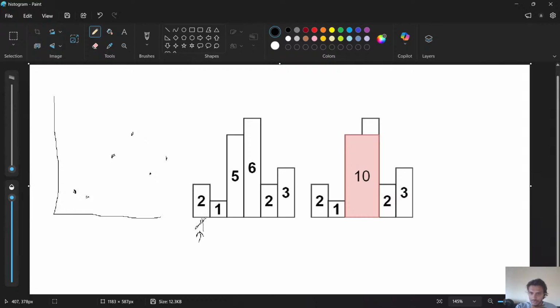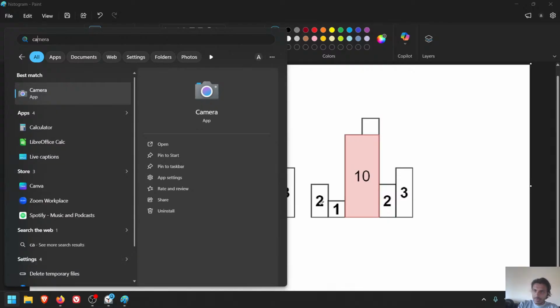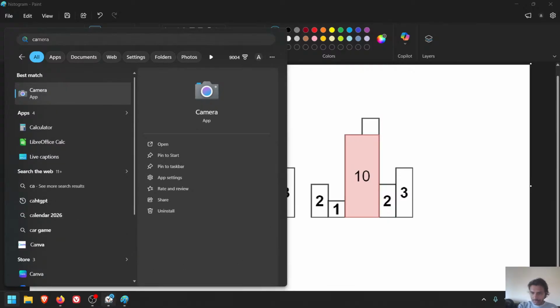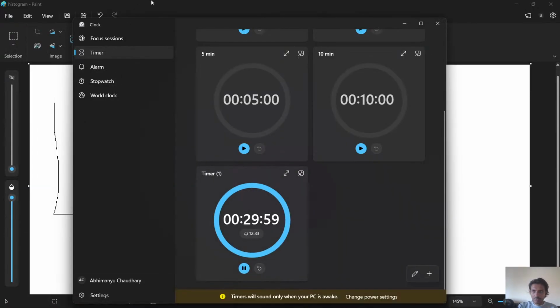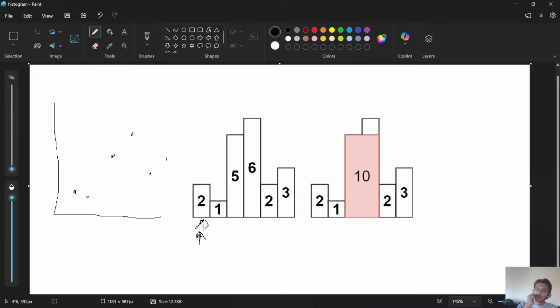Start from here. So it's 2 and it's 1. It's calculated and we have a result. For the result it will be 2, because it is 2 itself.